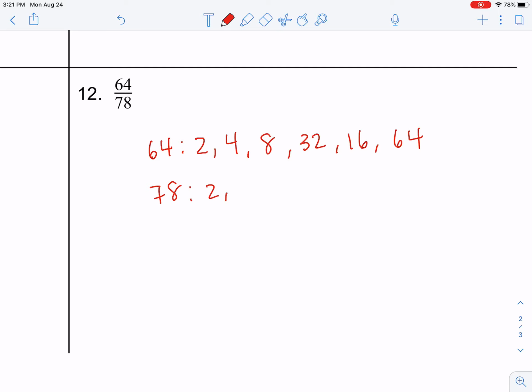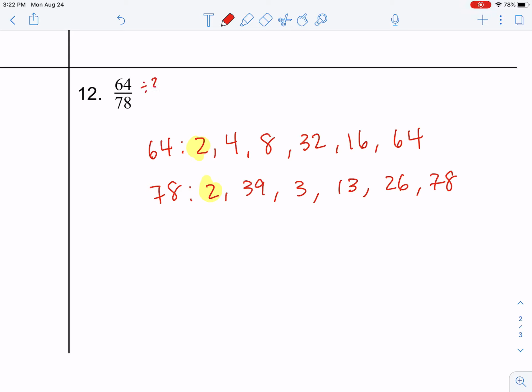We can take half of it and say it's 39. That means 3 can work, 13 can work, 26 does work, and then 78. So we can go by 2s if we want, or we can figure out a different one. Let's see. Oh, it looks like that is it. So why don't we just go by 2?